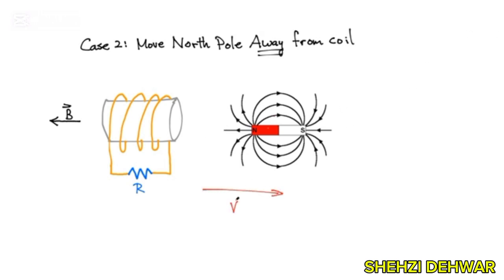I'm going to give it a velocity v away from the coil turns. So what's going to happen? Well, I'm going to get a delta B. In this case, I'm going to get fewer lines. So I'm going to get a delta B that's going to decrease the total number of field lines crossing the coil turns.